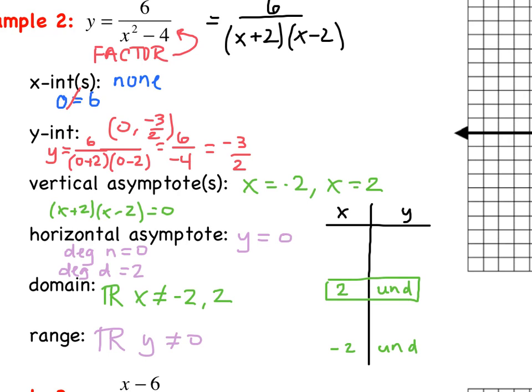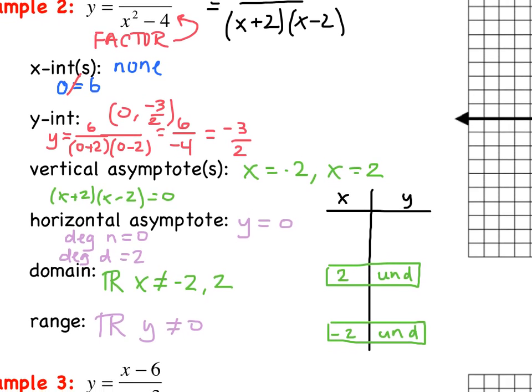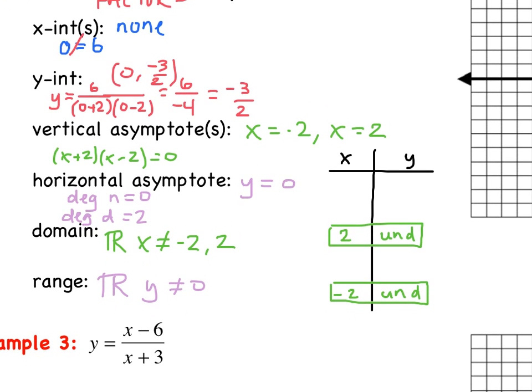And now this kind of splits up my table into the amount of branches we're going to have. Before, when we had one vertical asymptote, we only had 2 branches. This time we have 2 vertical asymptotes, so we're going to have 3 branches.